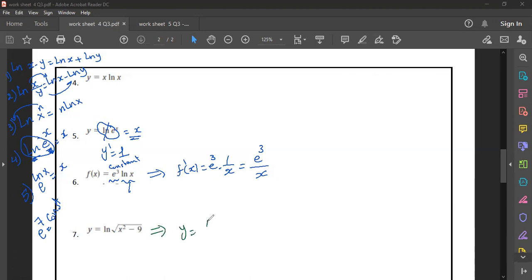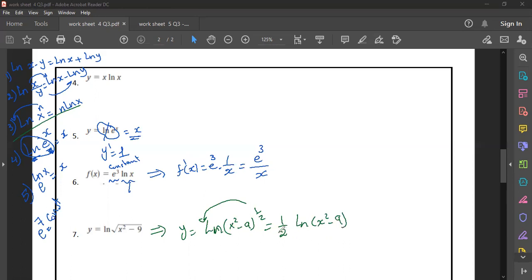It will be ln of (x squared minus 9) to the power half. Apply the power rule, or the power property. It will be half ln of x squared minus 9. That is the rewriting of this function.